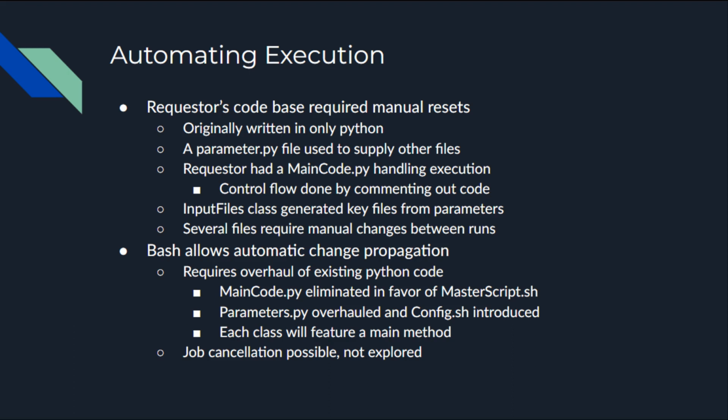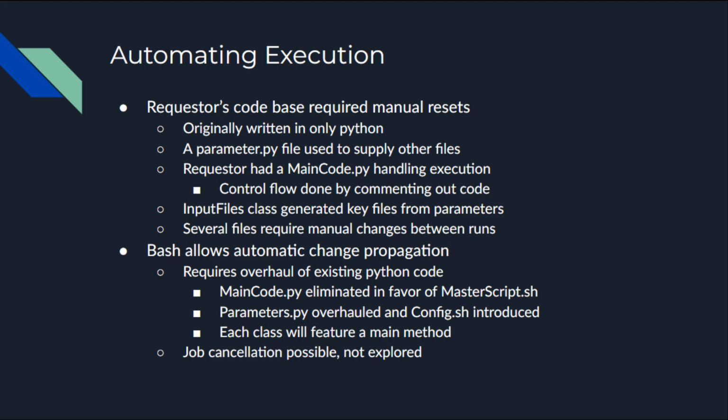That was taking him quite a bit of time. So the way Fahed had his code set up was it was written exclusively in Python with a bunch of different classes that would route through a myMainCode.py file. This file pulled from a parameters.py file, and that file was then used to supply other subclasses being called by myMainCode.py.